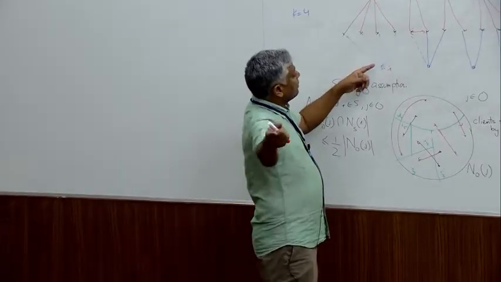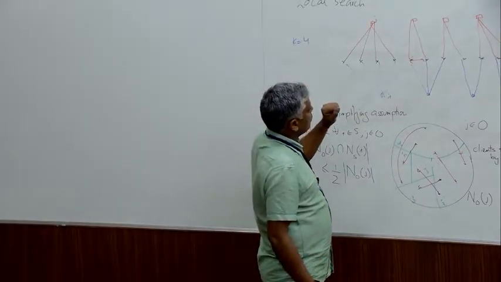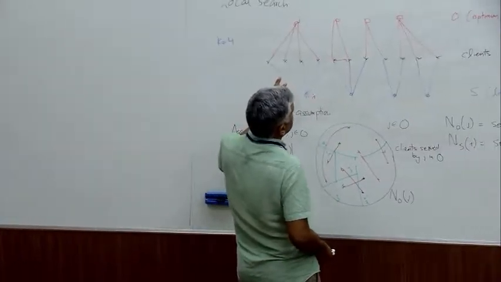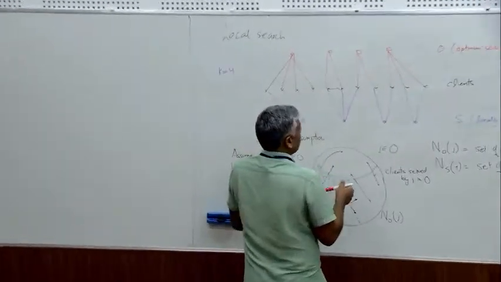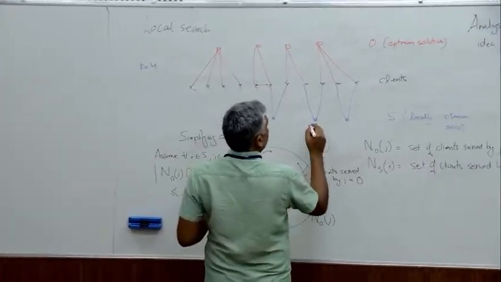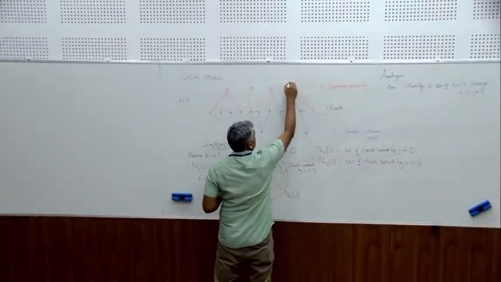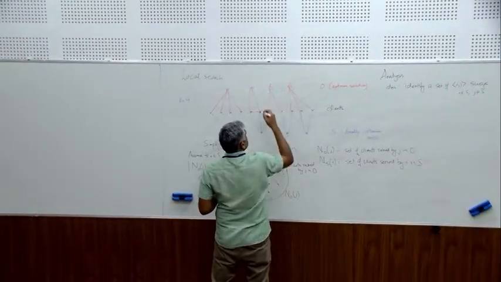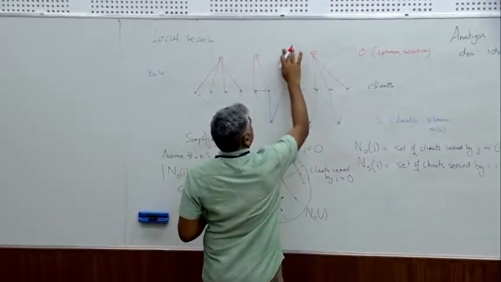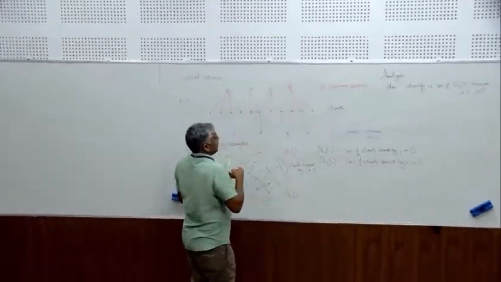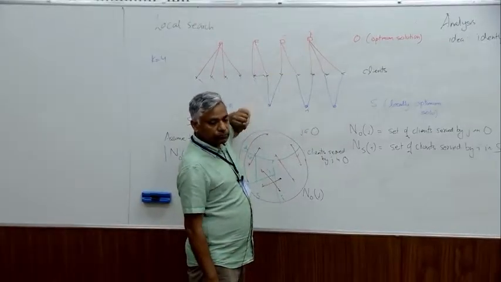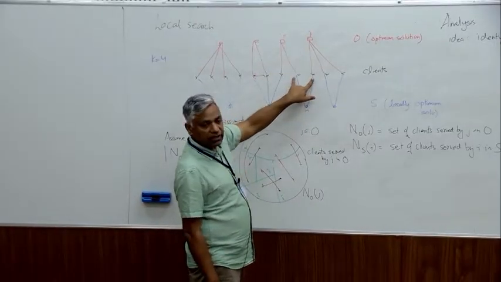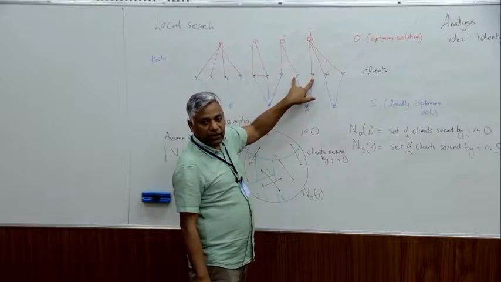Okay, so suppose let's take a different one. Let's think of this swap, I and J. So if I close this and I open that, what am I going to do? If I close this, these 2 clients have to be taken care of.